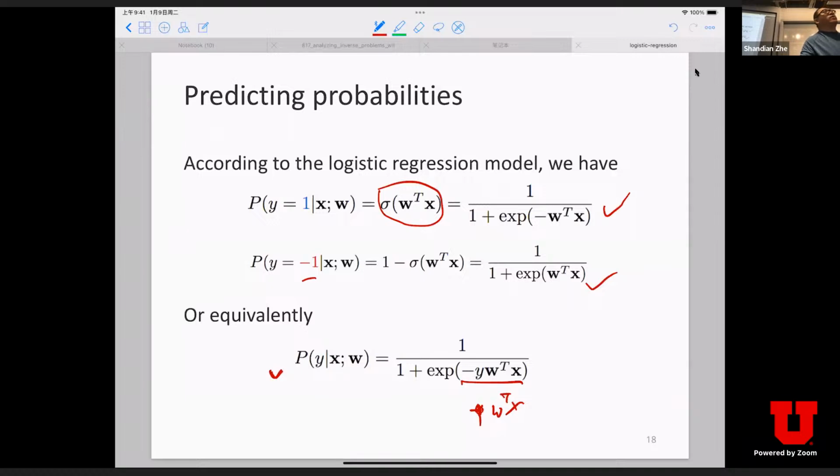Then, according to your probability, you decide whether to assign label 1 or minus 1. Does it make sense? Yes, there is some benefit of doing this, because I can give you confidence, and according to this confidence, it's up to you how to decide to classify the label as 1 or minus 1.